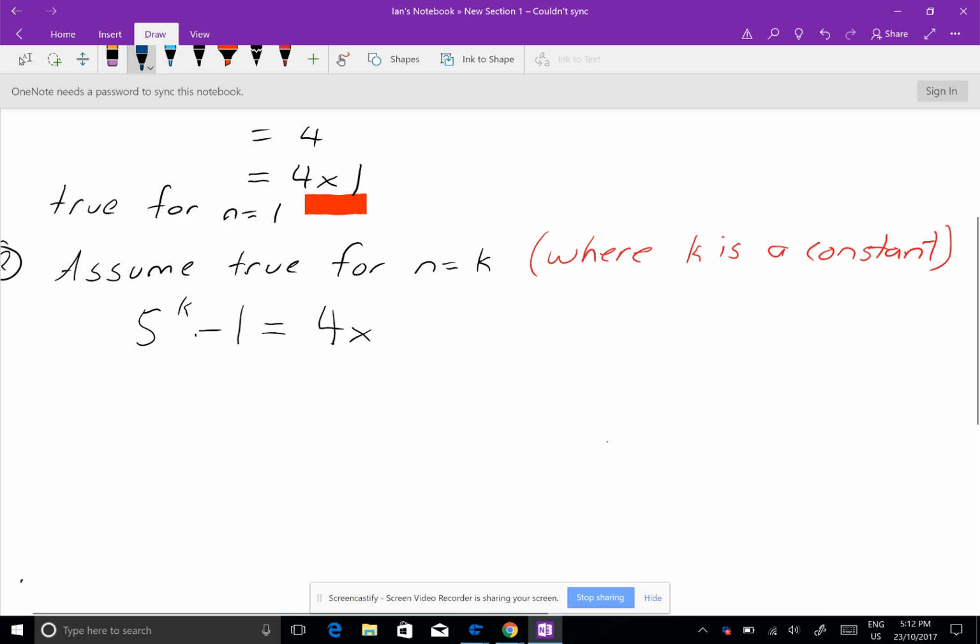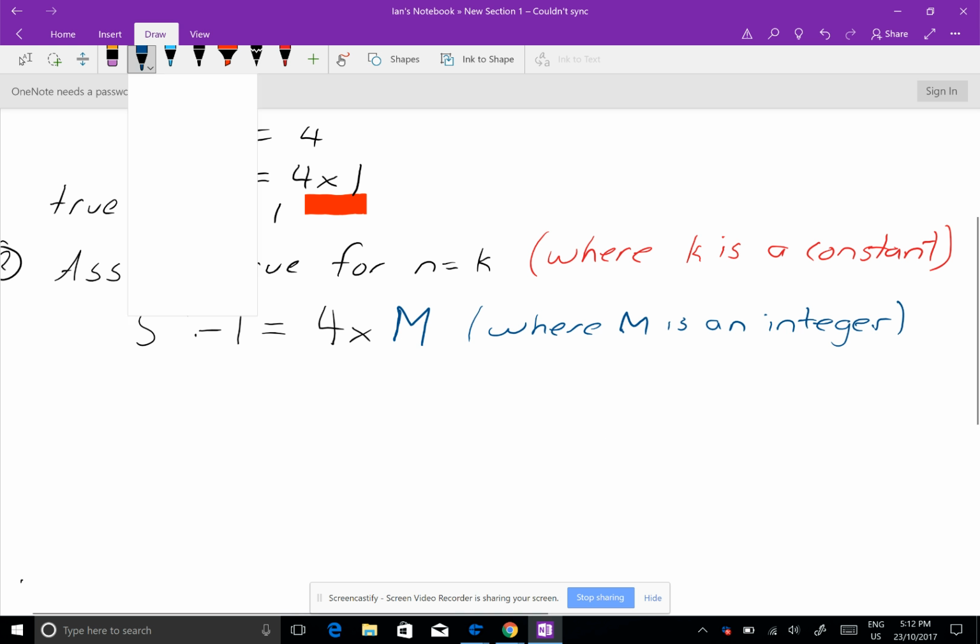Well, we'll call it 4m, where m is an integer. 1, 2, 3, 4, 5, any number.